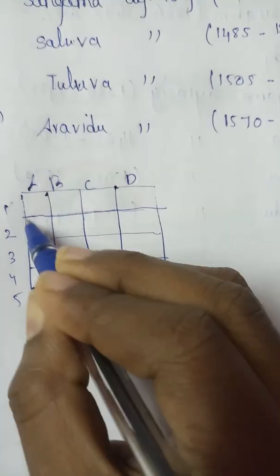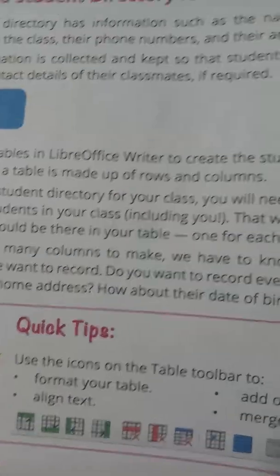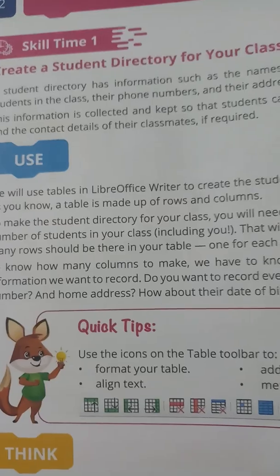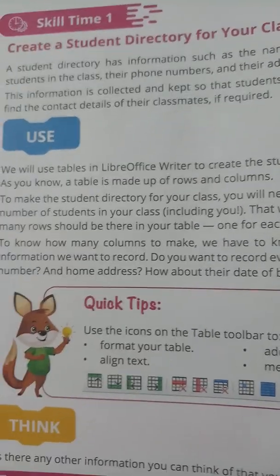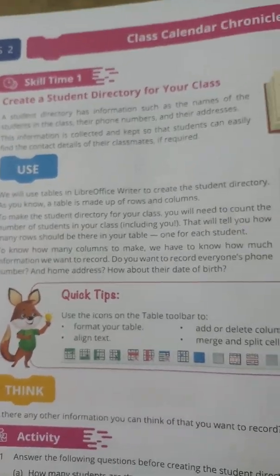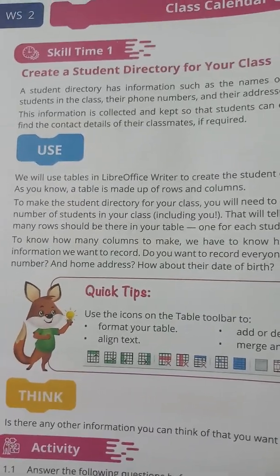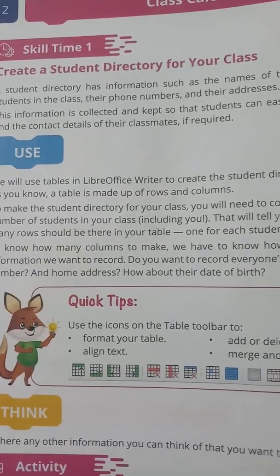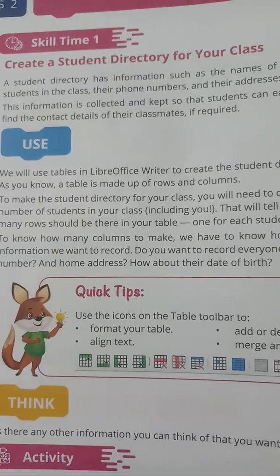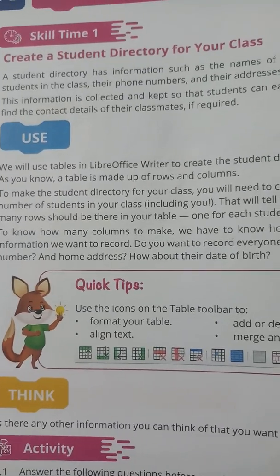This is a column and this is a row. To make the student directory for your class, you will need to count the number of students in the class, including you. Before creating our student directory, we need to know how many students are in our class.